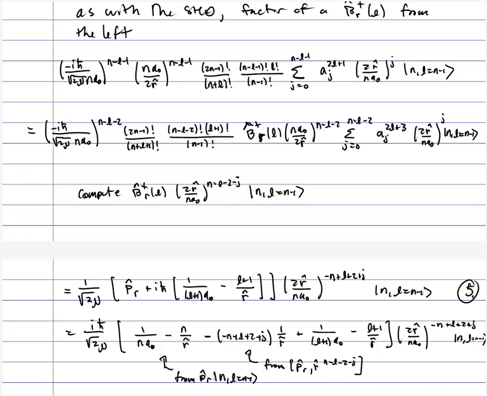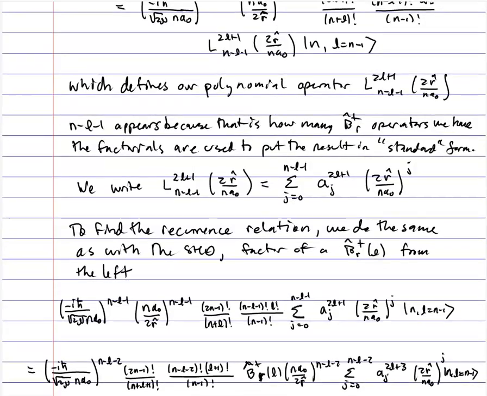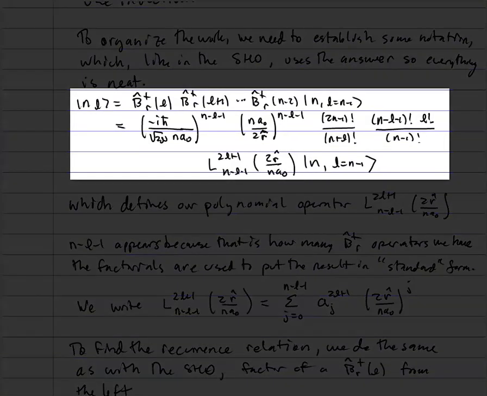Okay? So again, I want to be sure. Let me go back to the way that this expression looks and be sure that you're clear. What we're doing is we're writing this state n comma L in two ways. We're writing it as the full string, which has this full expression in terms of this polynomial operator, L superscript 2L plus 1. And then I'm going to take that b† r of L out to the left, and what remains is n comma L plus 1.